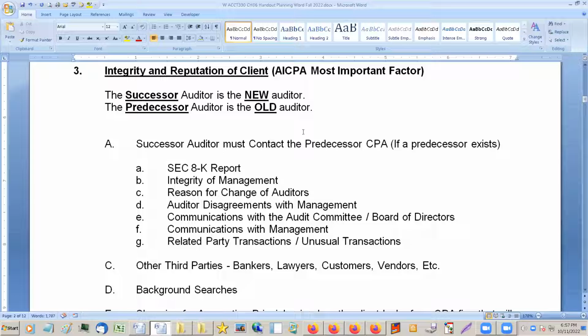The successor auditor must contact the predecessor auditor. The successor auditor, the new auditor, must contact the predecessor auditor, the old auditor. So it's maybe CPA getting from the same terminology.